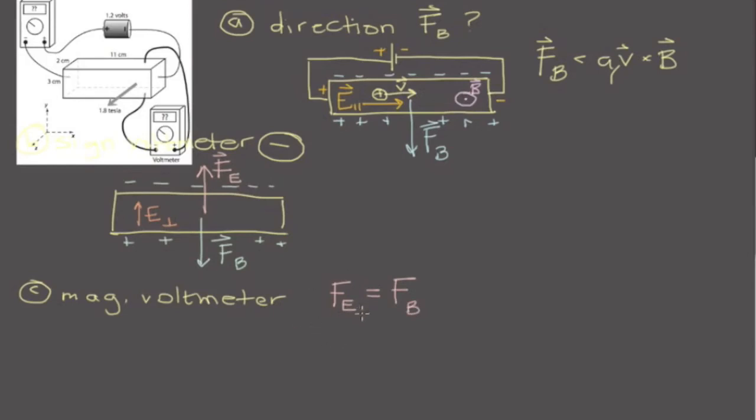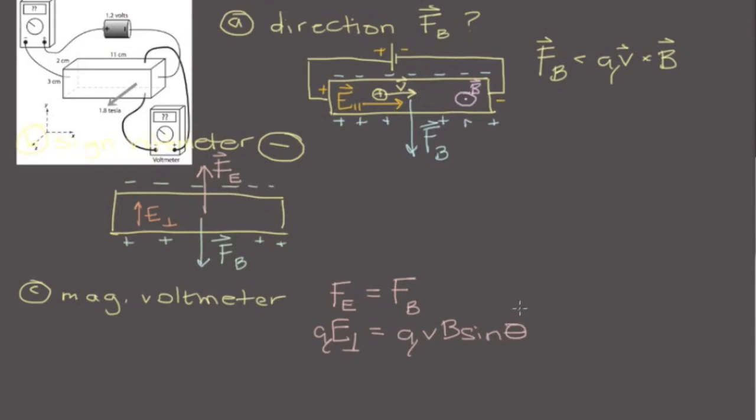We write FE as QE, where E is the field causing it, so in this case it is E perpendicular. And FB we've already written before as QV cross B. I'll write that in terms of just its magnitude, so QVB sine theta.